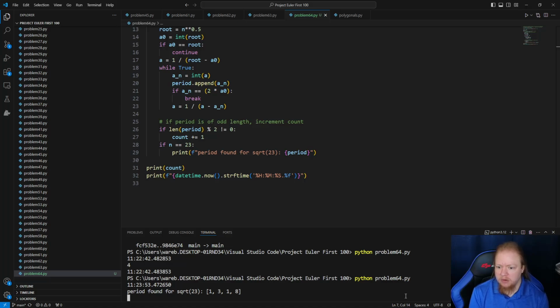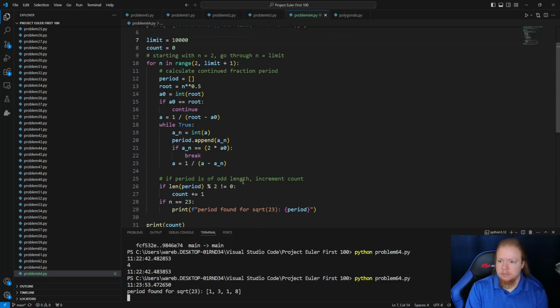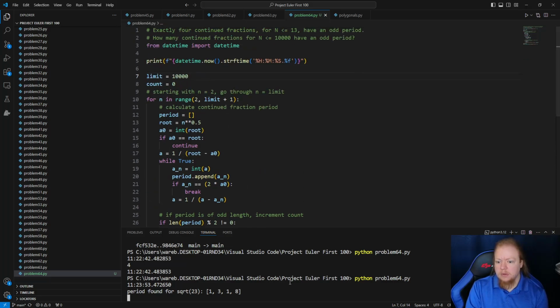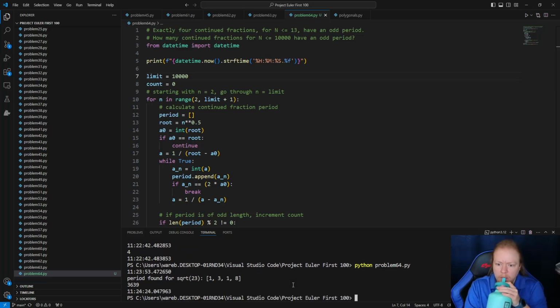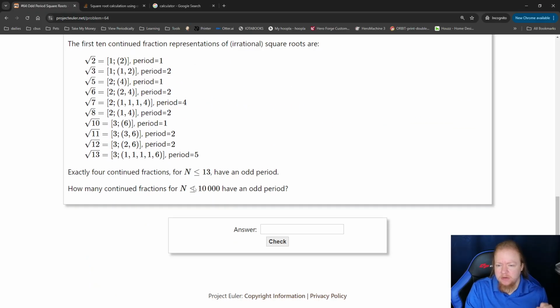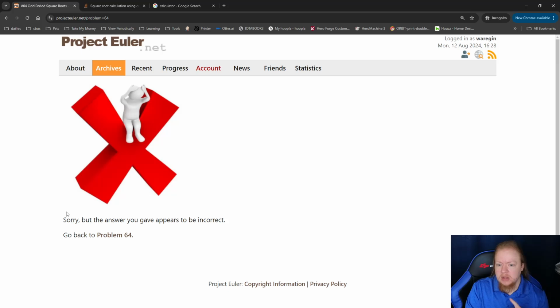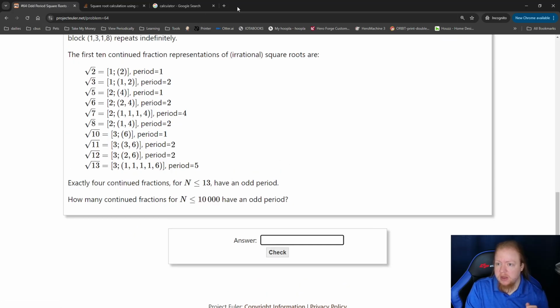Finding the correct answer for square root of 23. Okay, it is taking a little bit of time to run, but that might not be a problem. Found an answer. It was within our time limit. Let's see if it is the correct answer. I have a feeling it might not be, but let's just find out. It is not. Okay. That's fine.